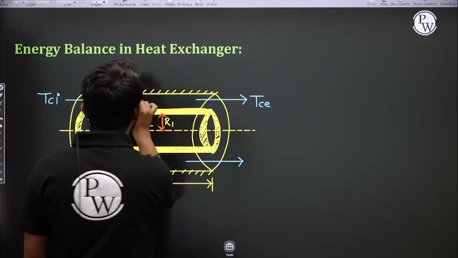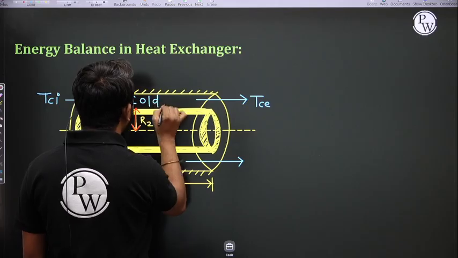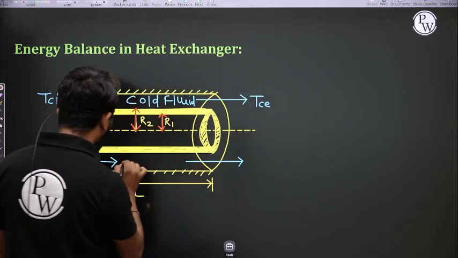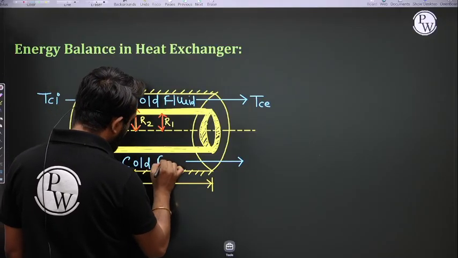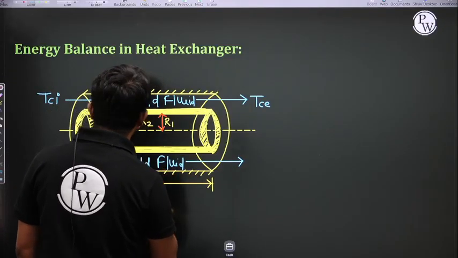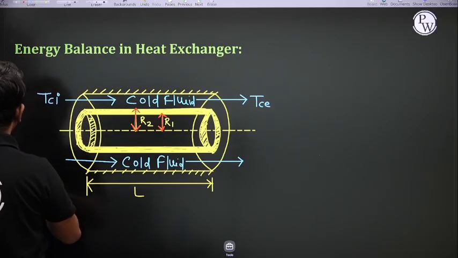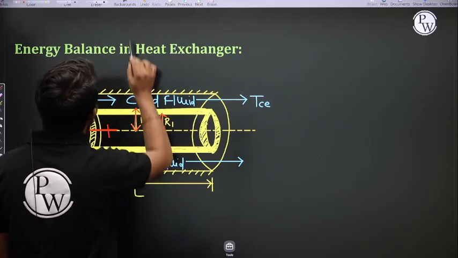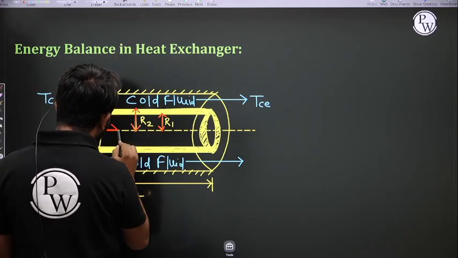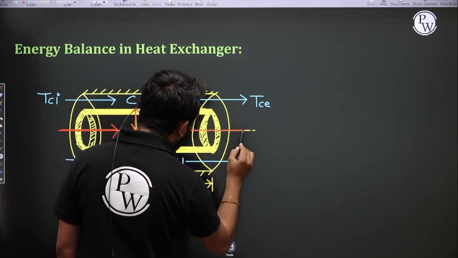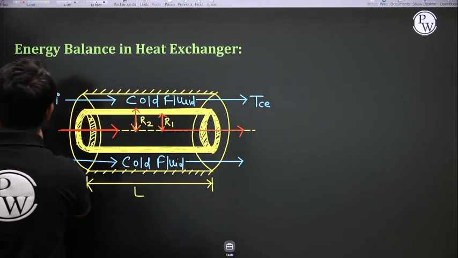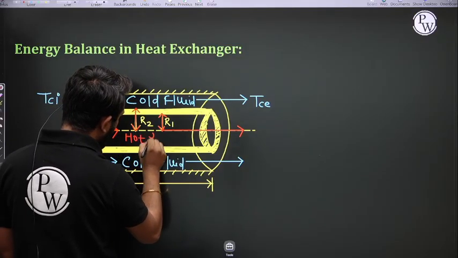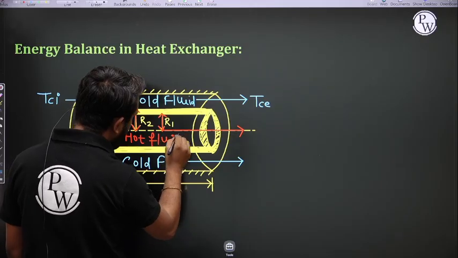This is the cold fluid, and the hot fluid passes through the inner tube. This is the hot fluid. Is it fine?